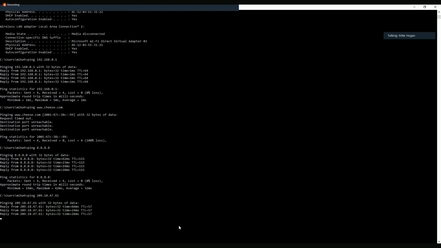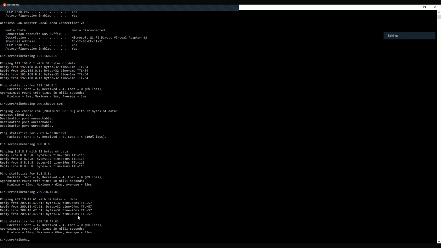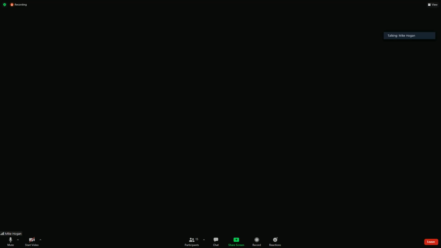I'm not having a problem with mine, so I get packets returned. But if I couldn't ping Google, but I could ping the address, that indicates I'm probably having a problem with DNS. And if I could not ping my DNS server, then I'd want to try to find another DNS server and get a handoff for another DNS server.